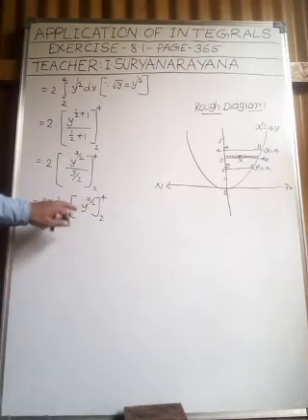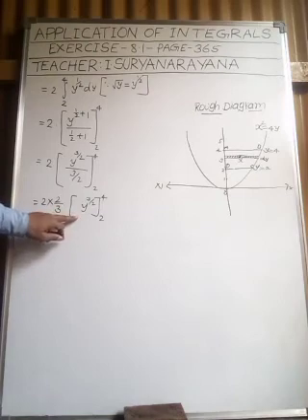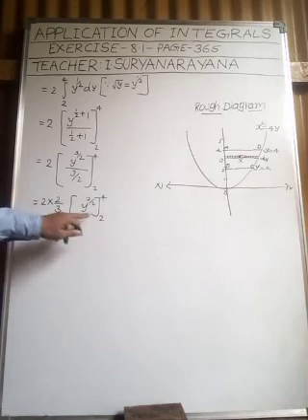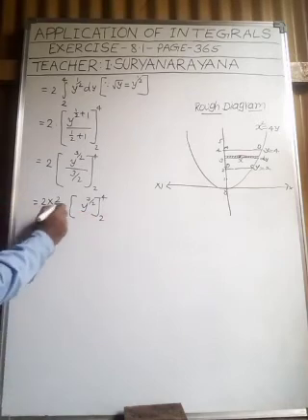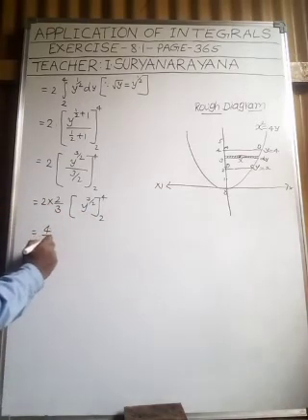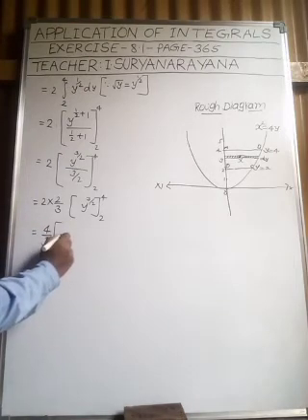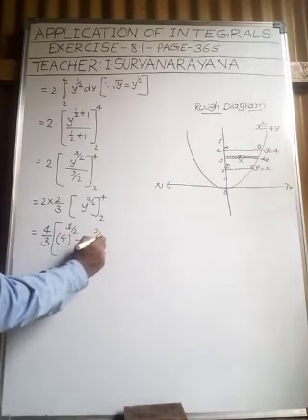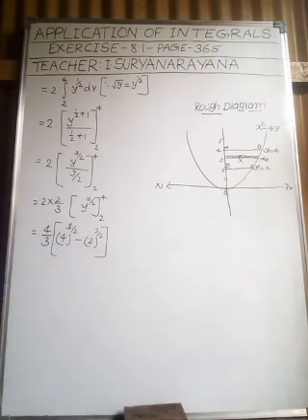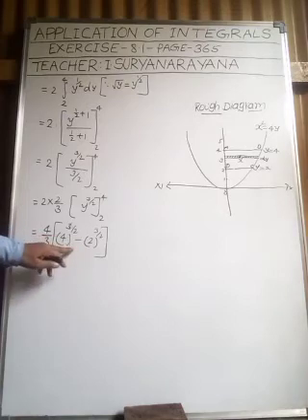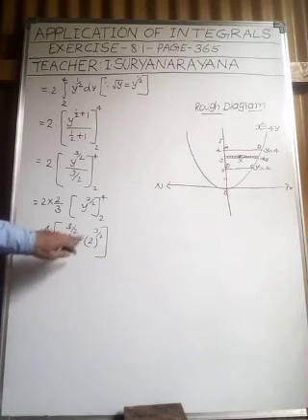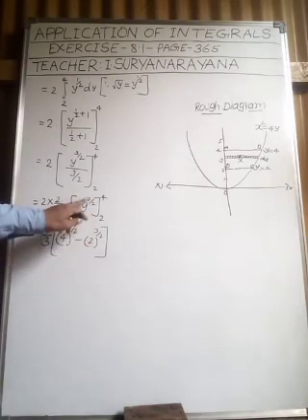In this function, we substitute upper limit minus lower limit. 2 2s are 4 by 3 into 4 to the power of 3 by 2 minus 2 power 3 by 2. Understood this step, my children? I substituted upper limit in this function minus lower limit.